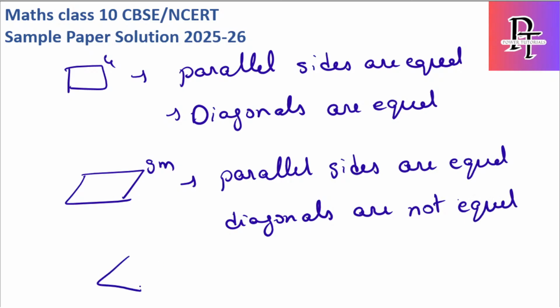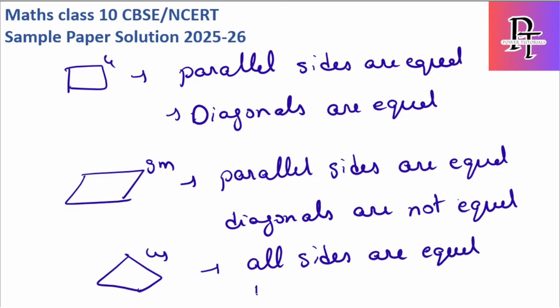Whereas the rhombus is similar to square, where all sides are equal, but diagonals are not equal. So in this way, these steps are done, concepts are done.